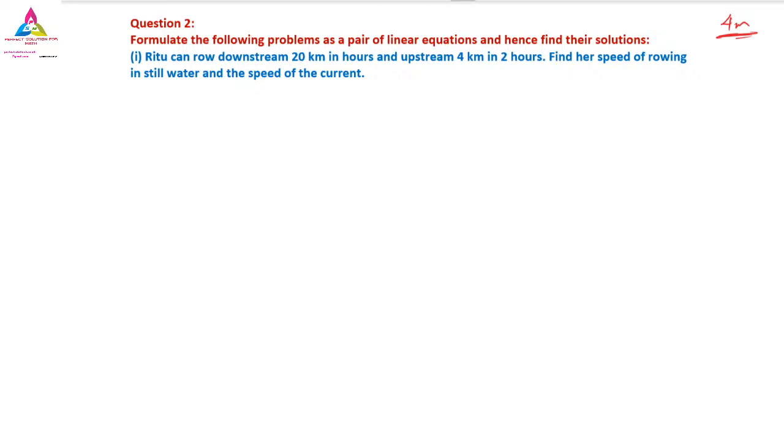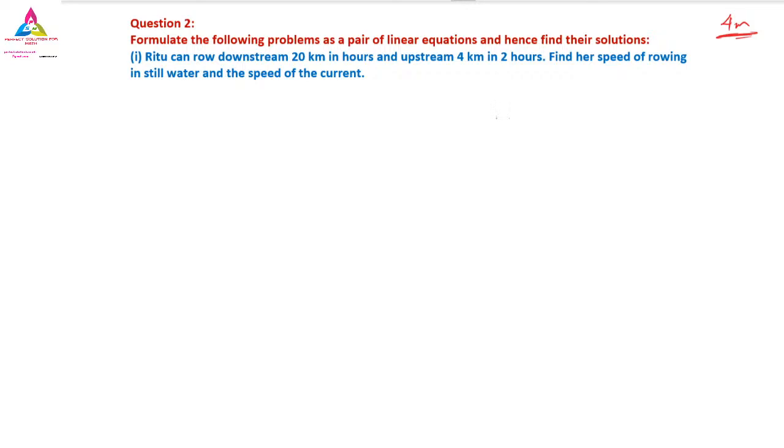So here you can see Ritu is the girl. She is rowing a boat. You may know that a rowing boat means it is a boat in water. It is moving. Once you sit inside, you paddle, and paddle means a stick in hand, and that is how you move forward. So this is the way the girl is moving, and there is a downstream.